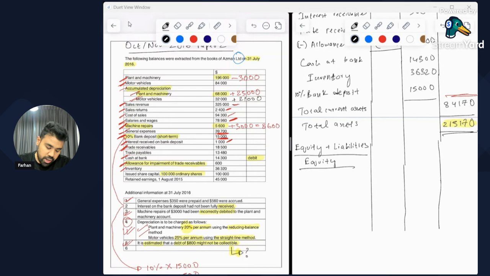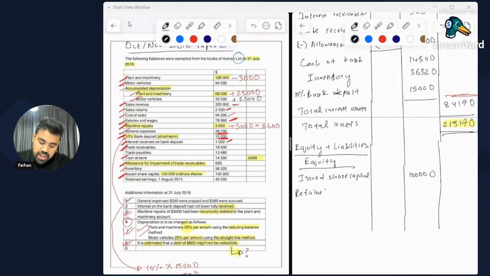Okay, so for equity, we have got issued share capital, which is $100,000. And then we need to find the closing retained earnings based on our discussion earlier.